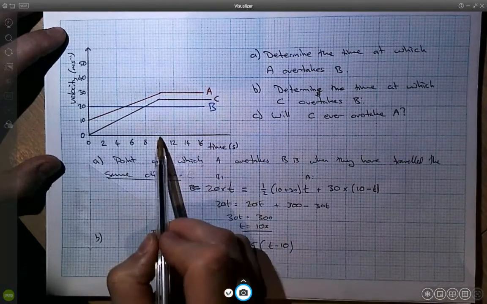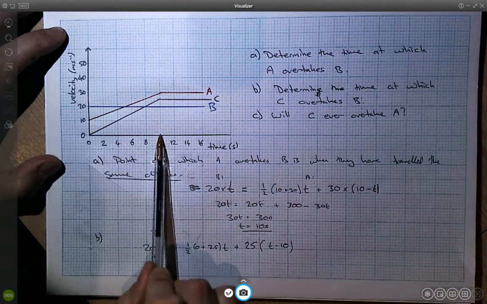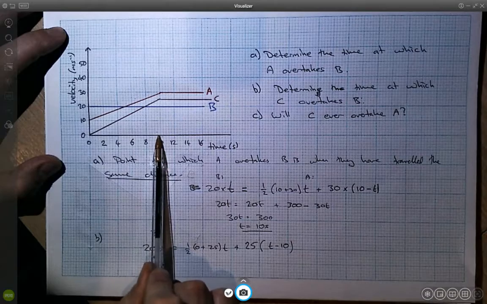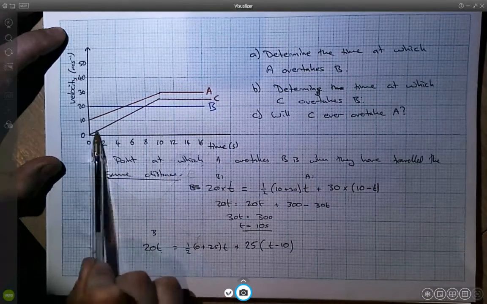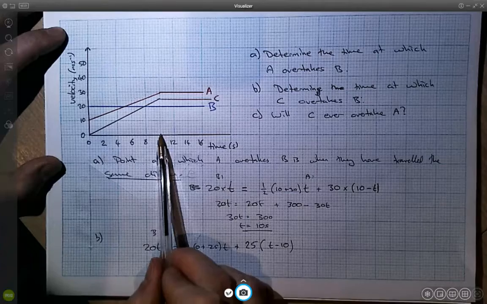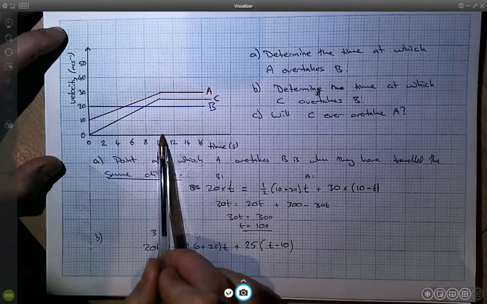Because again, we are not interested in this first part because we've already counted for it. So we just want this extra bit of time here.